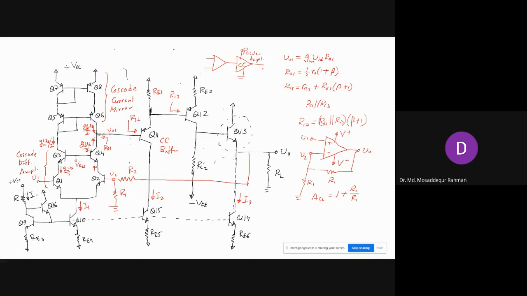So that was actually our one last topic for this course, the power amplifier. But we don't have time to cover that, how to design a power amplifier.